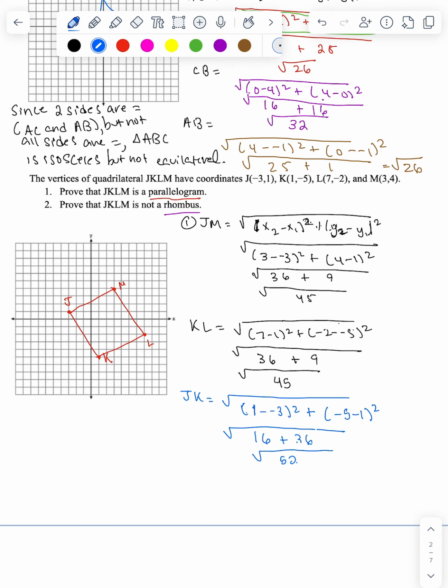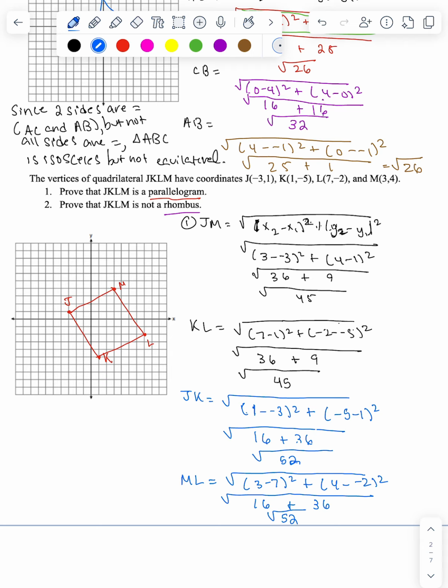And I know this seems like a lot of work, but it's going to make our life in part 2 a lot easier, which is why I'm doing all this work. Now for ML, and that's our last side. And look at that. That worked out super nicely.